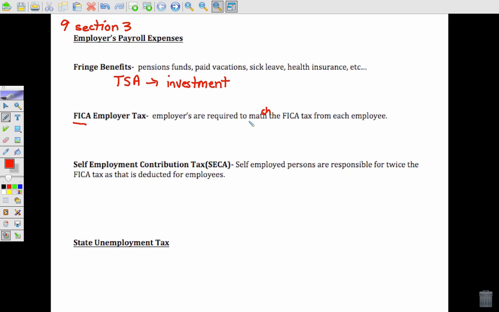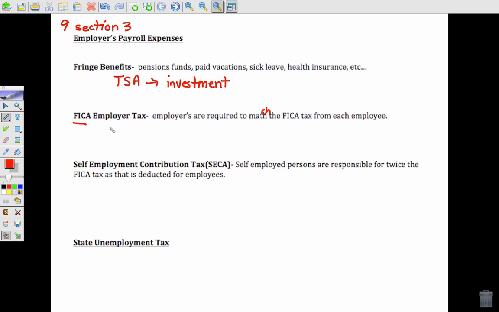So every employee has to contribute to FICA, and each employer then will match the same amount. So if you put 50 bucks in every week for FICA, your employer has to also put in 50 bucks. FICA is a contribution that goes to Social Security and also Medicaid and Medicare.